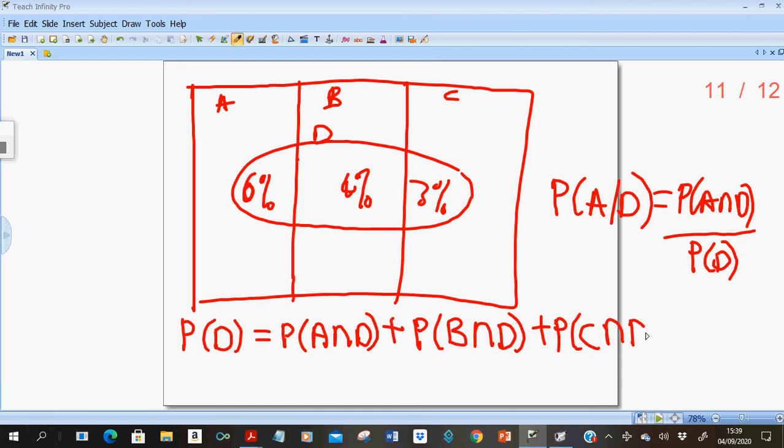Okay, so this is how we find the probability that a component is defective, because the defectiveness comes from all the three machines.